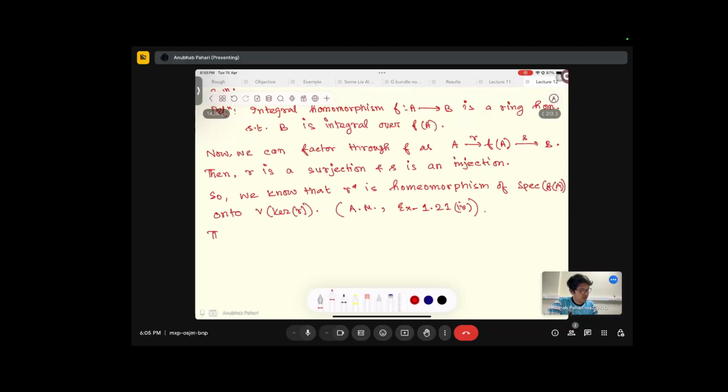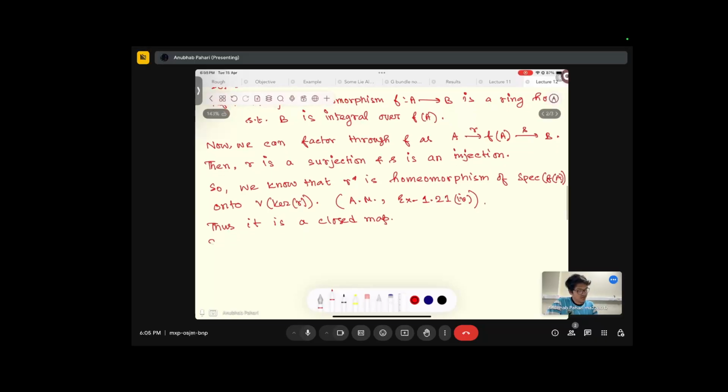Thus you can say that it is a closed map. So it suffices to show that S upper star is a closed map.